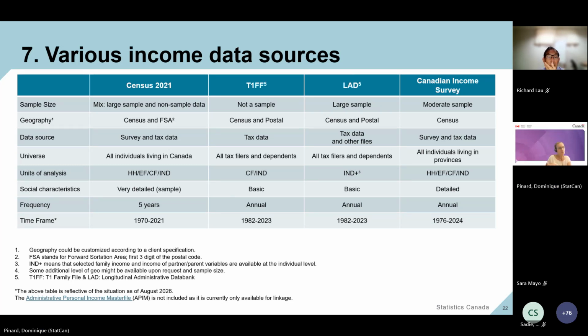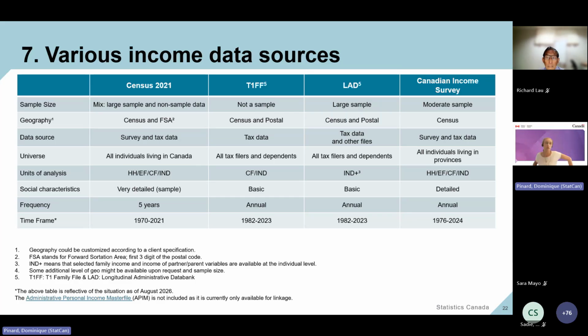There's a very important thing to consider when you decide which data source to use, and that's the social characteristics. If you want to know if a person is disabled, depending on the concept that you're targeting, the census might be the best source of information, and it would be based on the sample.